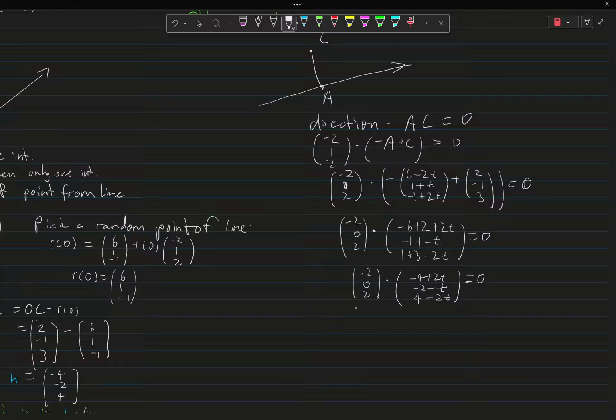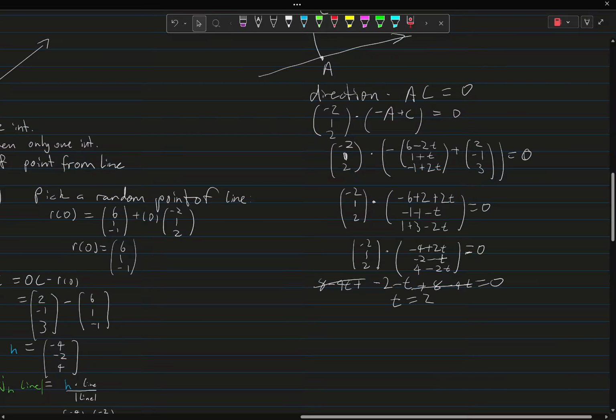So we have 8 minus 4t plus 0 plus 8 minus 4t equals 0. Okay, we've gone into a bit of trouble. Why did it change to negative 2, 0, 2? Oh, yeah, I misread that. Thank you for picking up on my mistake. So we have an extra negative 2 minus t. These cancel out, but we have t equals 2.